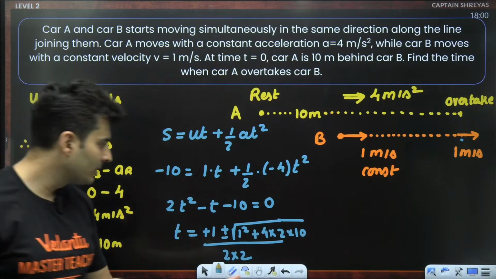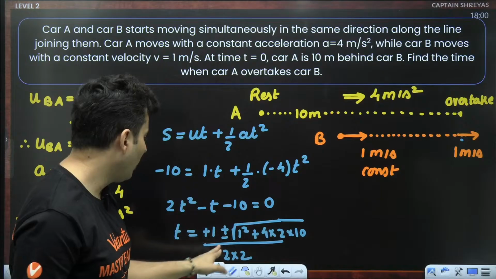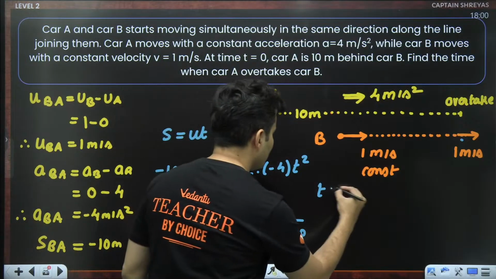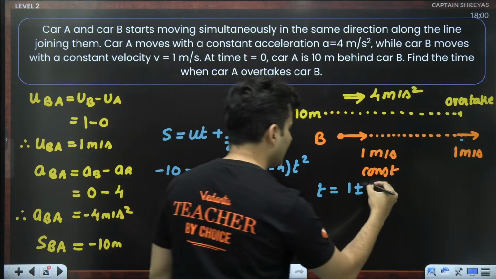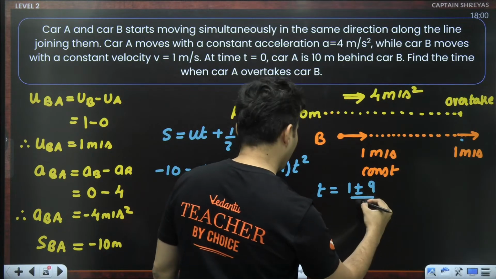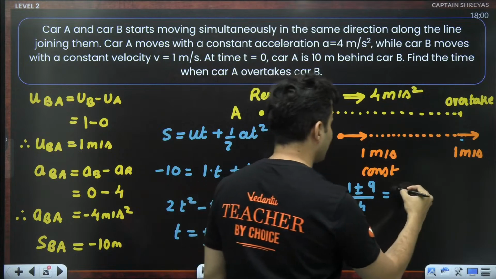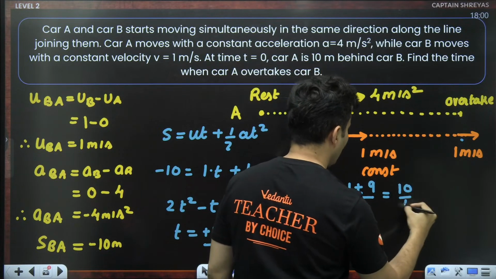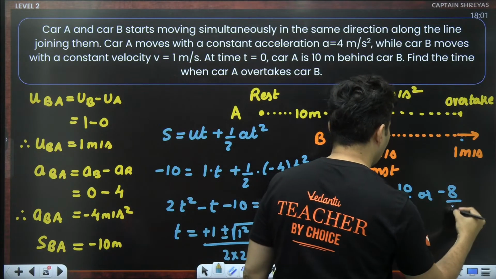Everybody with me? Understood? Yeah, 4 2s are 8, into 10, 80, plus 1, 81. So time will just become 1 plus minus root 81, which is 9, divided by 4. So one answer will be 1 plus 9, which is 10 by 4. And the other answer will be 1 minus 9, which is minus 8 by 4.